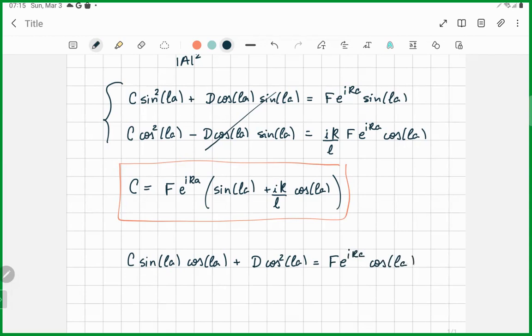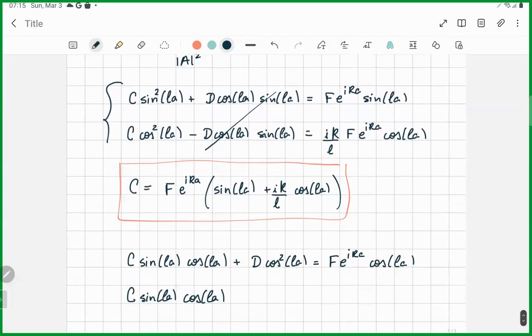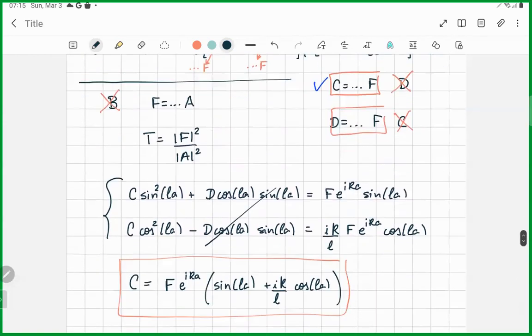Okay, at the bottom we have C. Now I'm going to multiply the cosine by sine. So there was already cosine, so now I multiply by sine. And then here we have minus D. Okay, I'm going to keep it and then we'll talk about it. So it's minus D with sine.